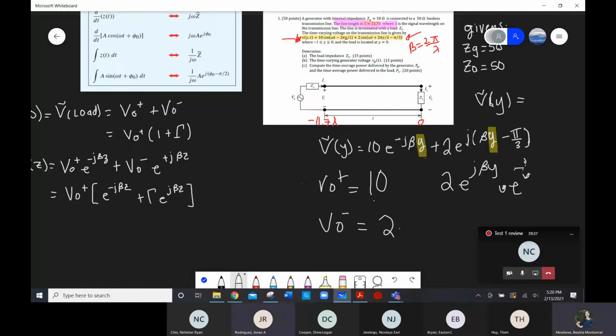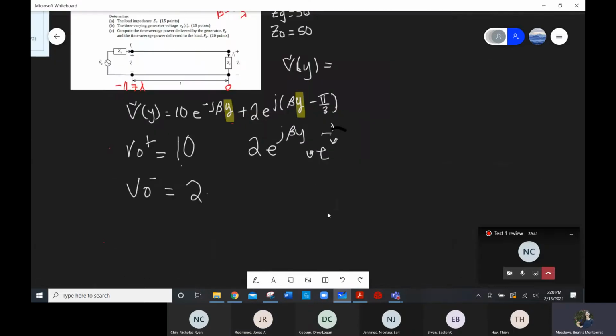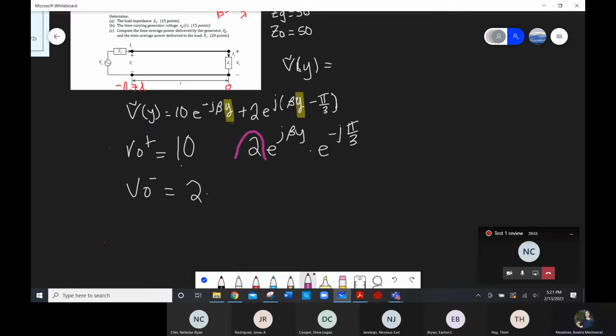Oh, yes. That's why. Hold on, let me erase better here. Makes sense? So all of these is V naught minus, okay? Because only this part is not V naught minus, okay?